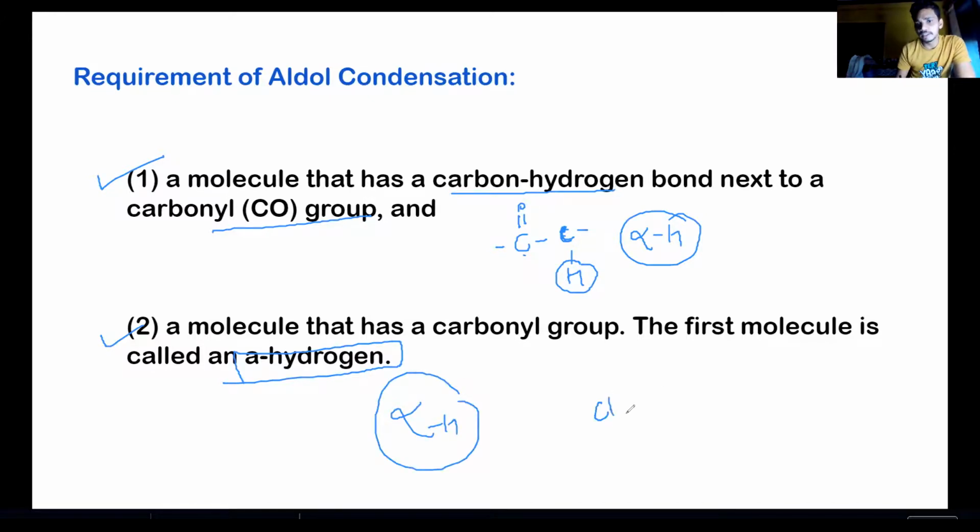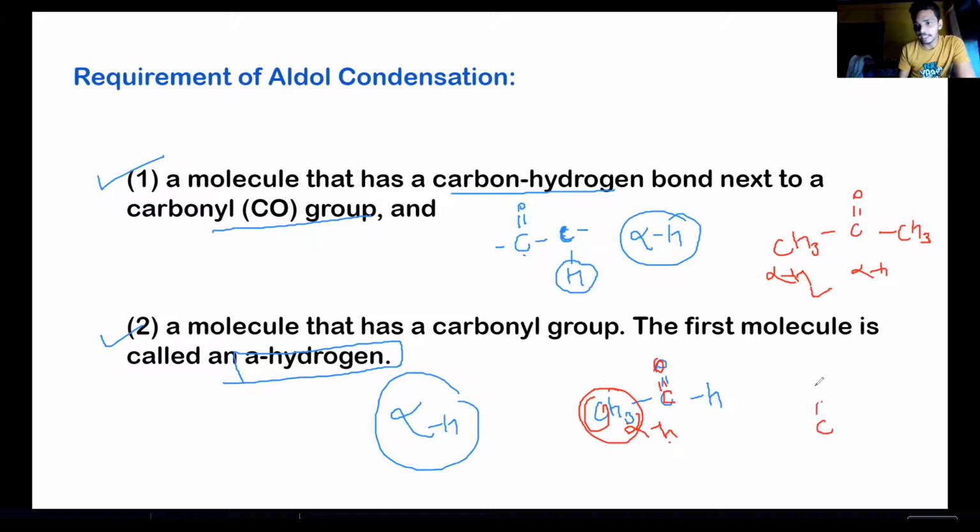So let's consider here CH3, C double bond H. Can you tell me what the alpha hydrogen is here? This is a carbonyl group. Next to this is a carbon with hydrogen attached. So this has alpha hydrogen, and this fulfills the requirement. In this case, suppose I'm considering a ketone. Here alpha hydrogen is also present on both sides, so it also fulfills the requirement.